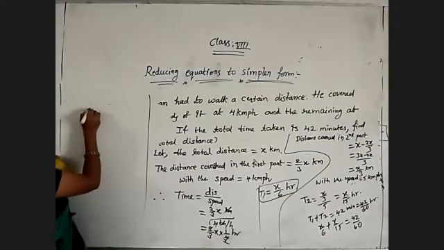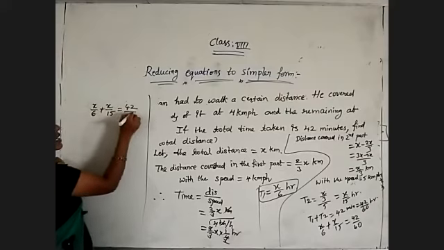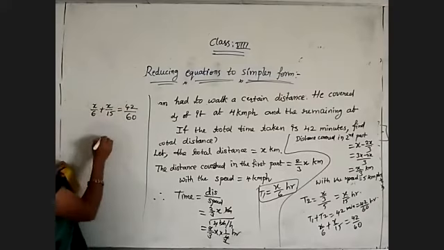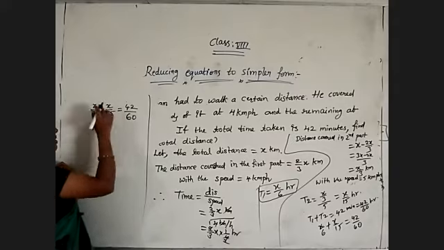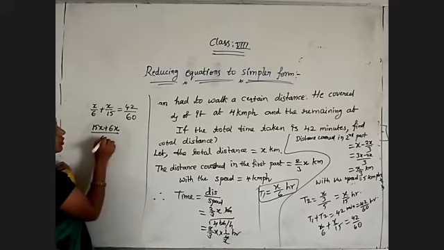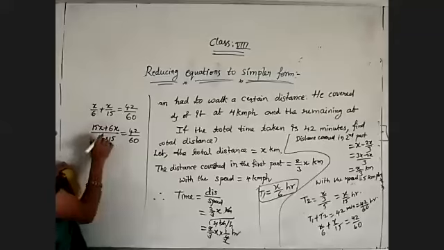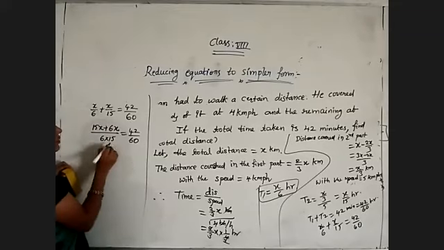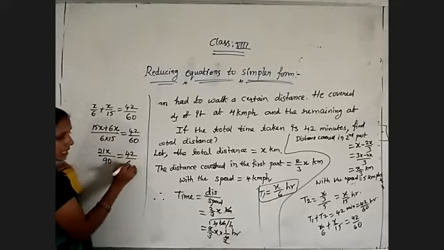Observe. Total time is equal to x by 6 plus x by 15 is equal to 42 by 60 hours. Now cross multiplication: 15x plus 6x by 6 into 15 is equal to 42 by 60. Now 15 plus 6 is 21x by 90 is equal to 42 by 60.